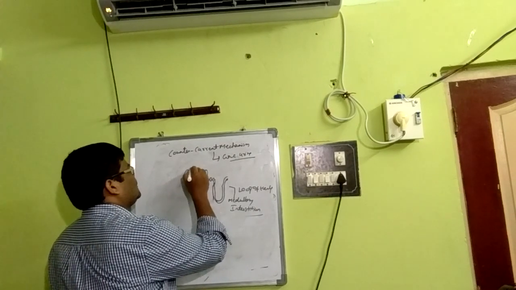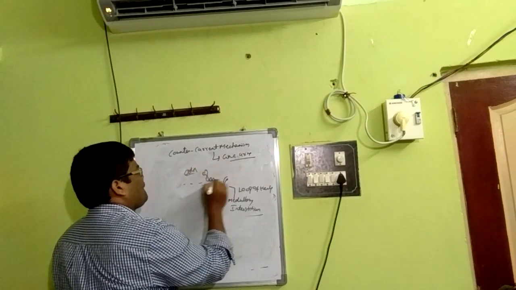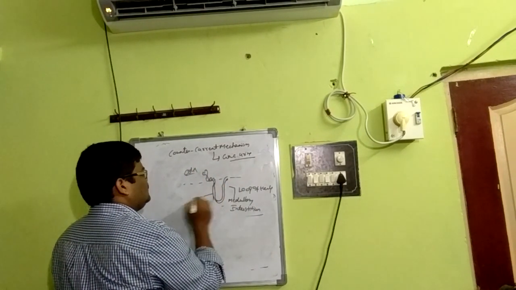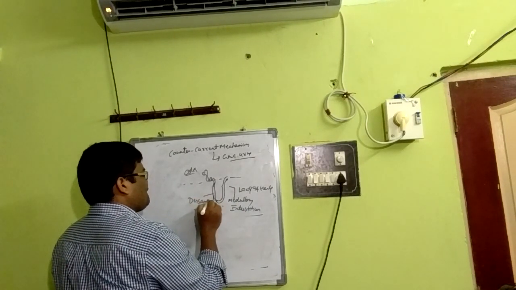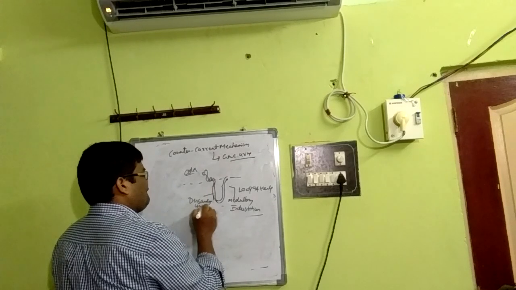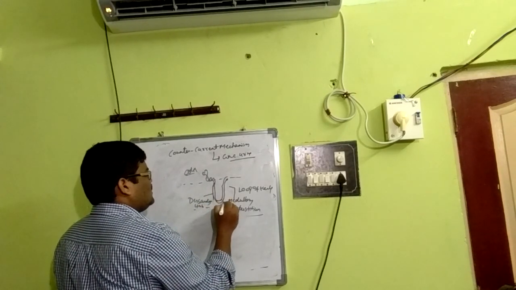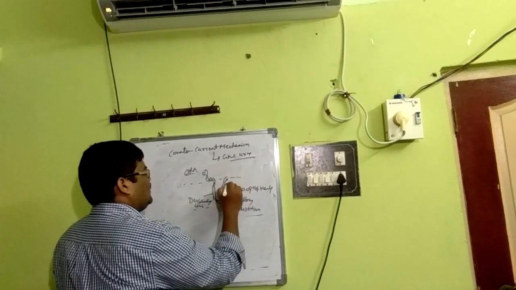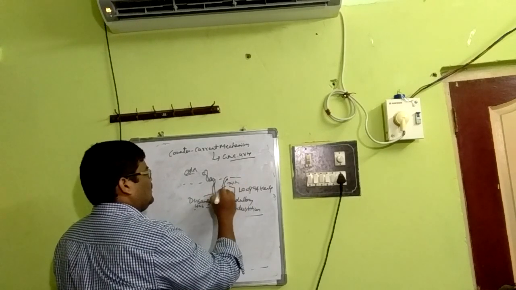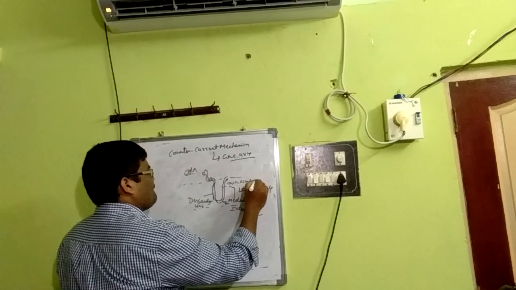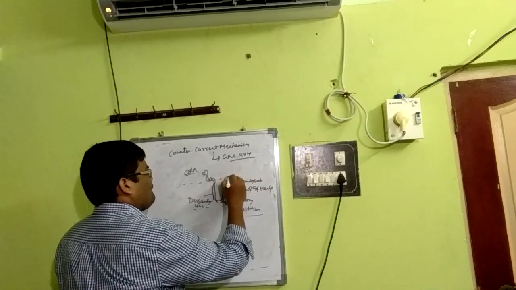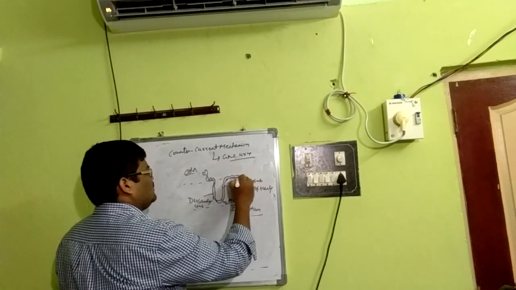This is cortex part. This is descending limb. This is thin and thick ascending limb. This is DCT.